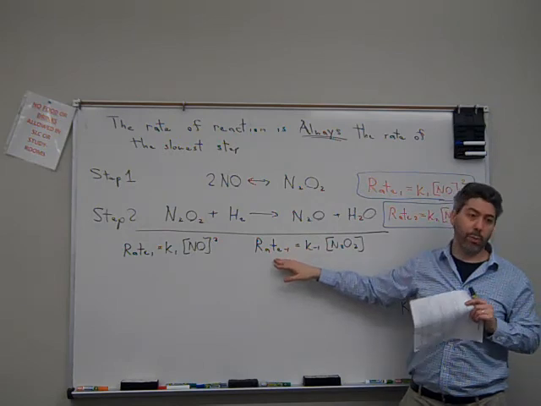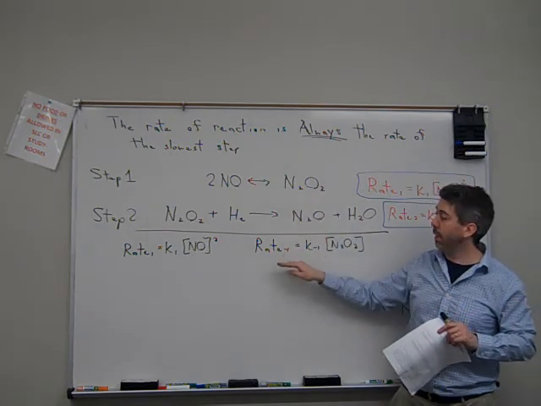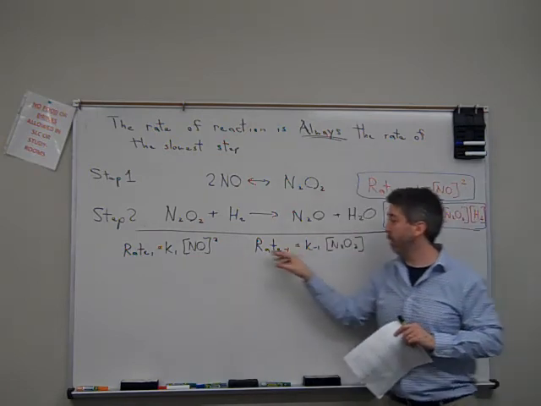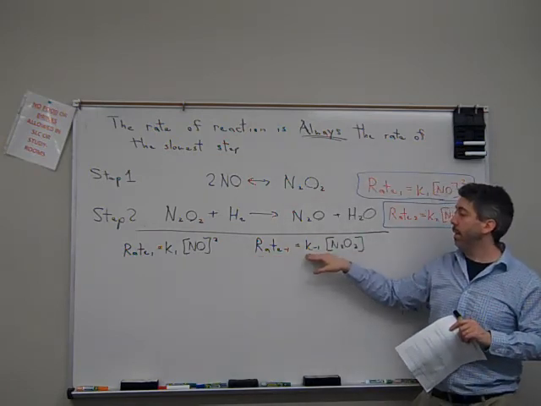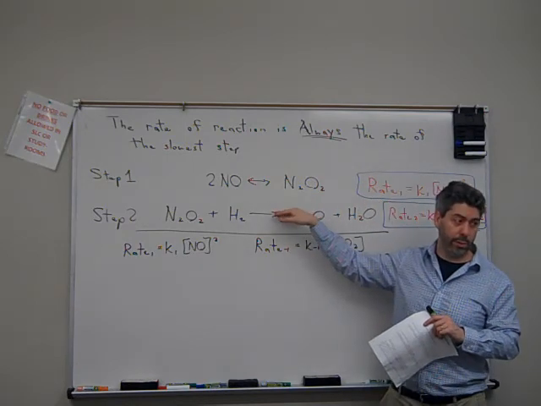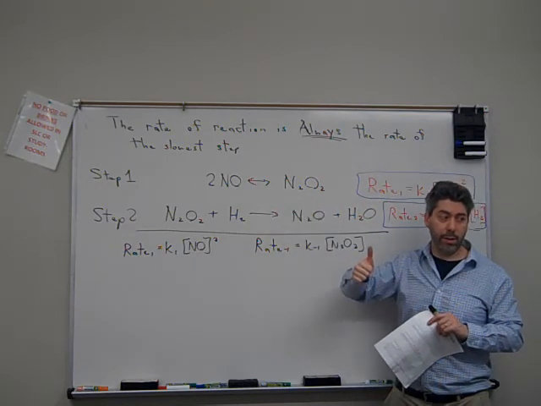So I can write a rate law for the reverse reaction, and that'll be rate negative 1 is equal to some other K, which I know is going to be different than this one, times the reactant of the reverse reaction, which is N2O2. So that makes sense so far?